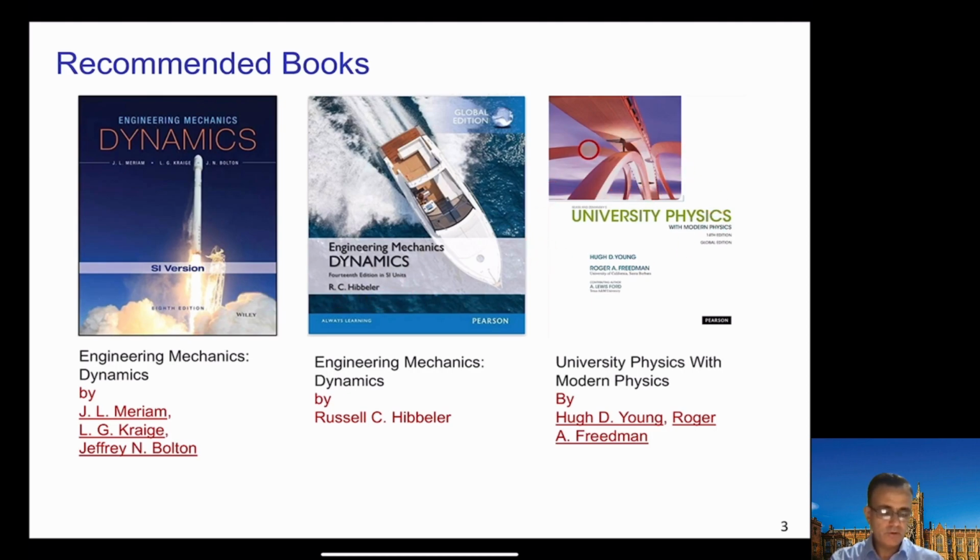And the third book is University Physics with Modern Physics by Hugh Young. You can find these books in the library. Even some of the books are available as online books, so you will be able to see them as reference books, and also we will solve some examples from these books, so it will be a good idea to have these books with you.